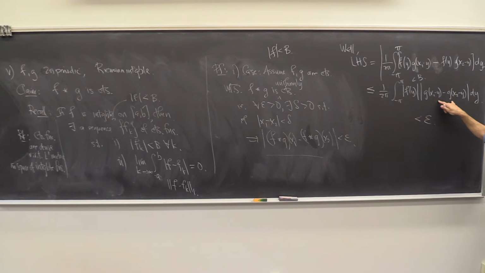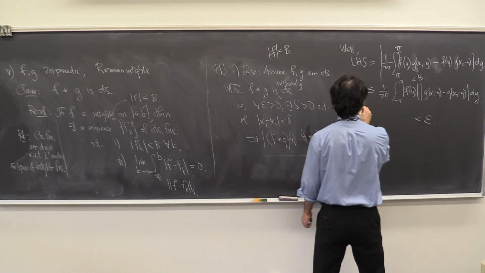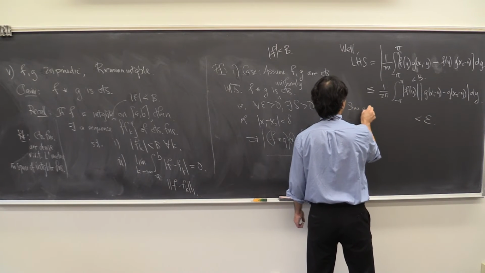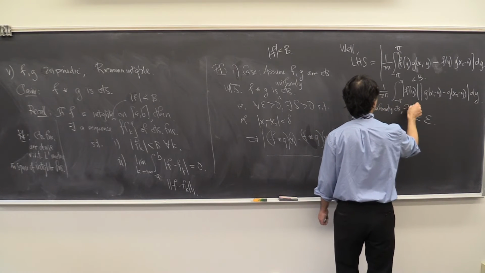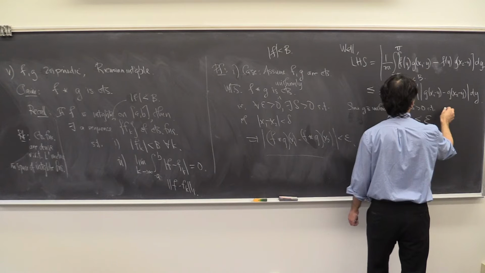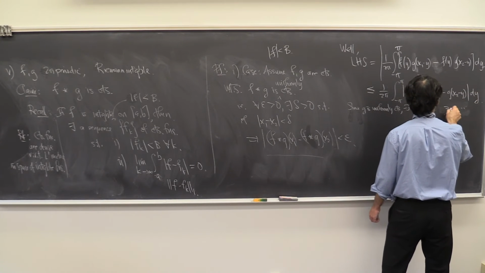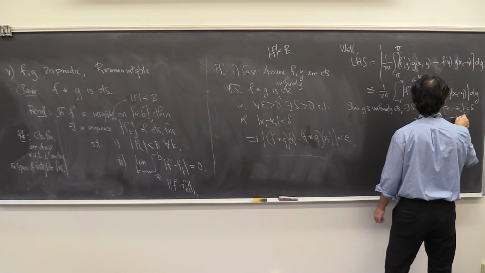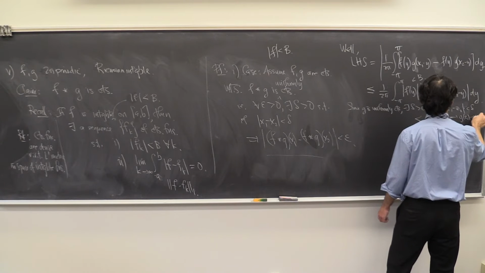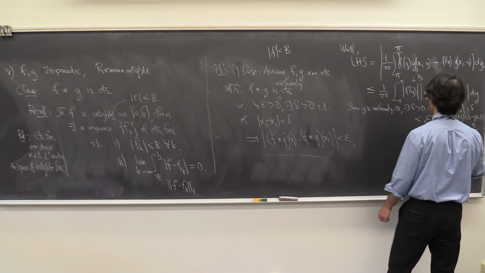And g is continuous on the interval, so it's uniformly continuous, right? So since g is uniformly continuous, there exists a delta such that if z1 minus z2 is smaller than delta, then g of z1 minus g of z2 is smaller than epsilon over b times 2 pi.